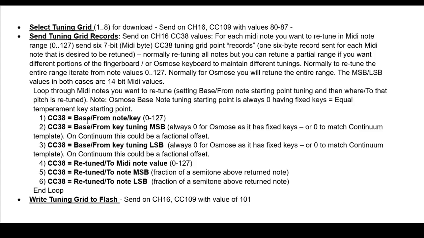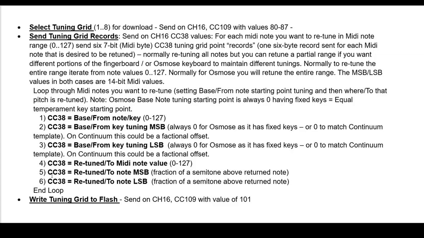CC38 with a value of 0 to 127 will be the base from note. Then send CC38 with your MSB value, 0 to 127 of course. Then CC38 with your from LSB value. Then you'll send CC38 with your retuned 2 MIDI note value.